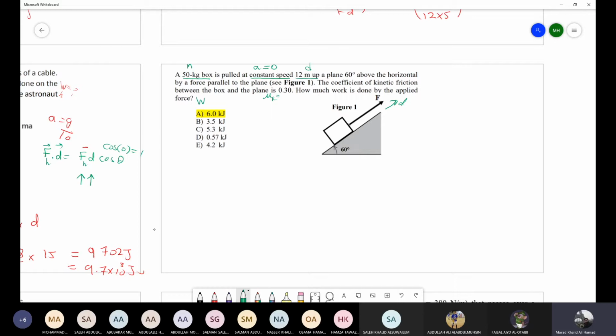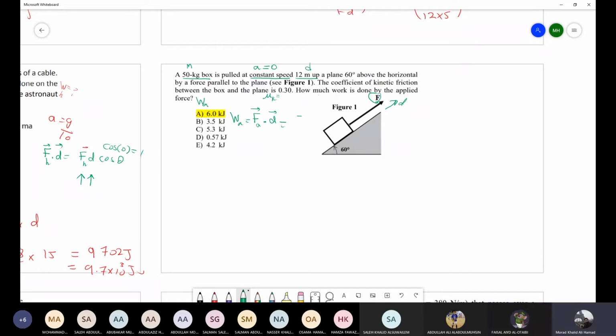We are looking for the work due to the applied force, which means this one. The work due to the applied force is equal to F applied dot D. The direction of D and the direction of the force are in the same direction, right?